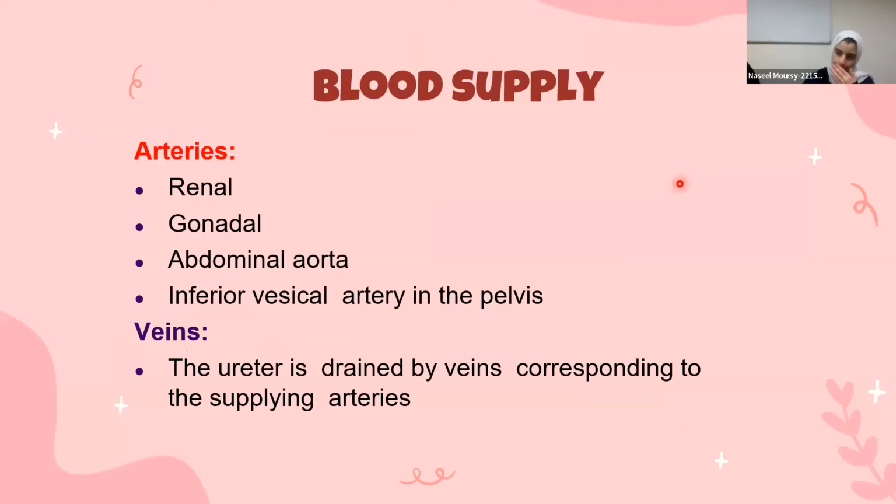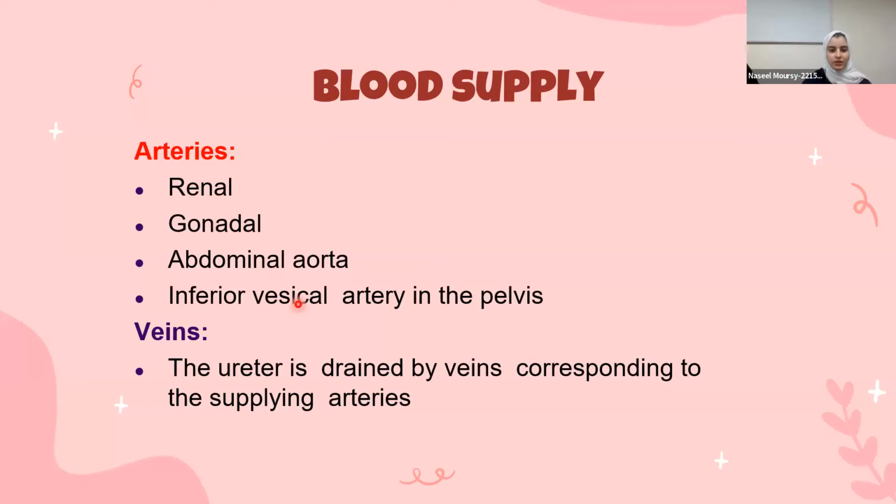So this is the blood supply of the ureter. If you notice, we have renal, gonadal, abdominal aorta, and inferior vesical artery in the pelvis. They go sort of in the order of the arteries branching from the abdominal aorta. It looks annoying, but first we have the renal, then gonadal because we saw that under it, and then abdominal aorta, obviously, because that is where the ureters run.